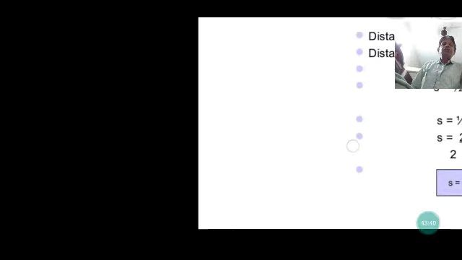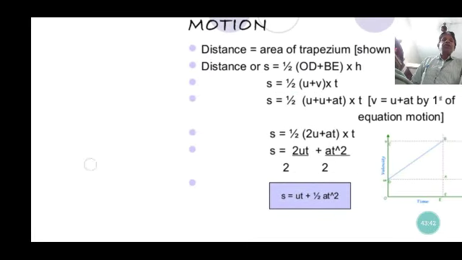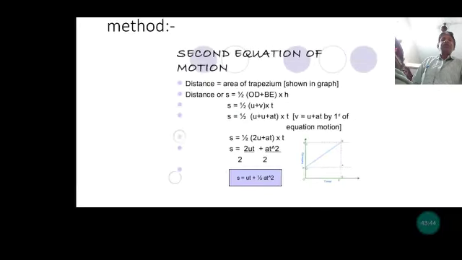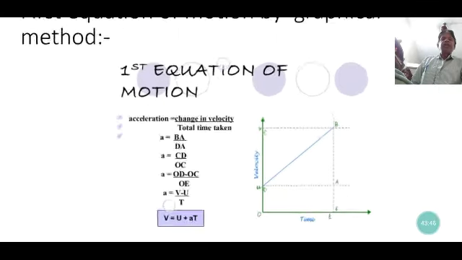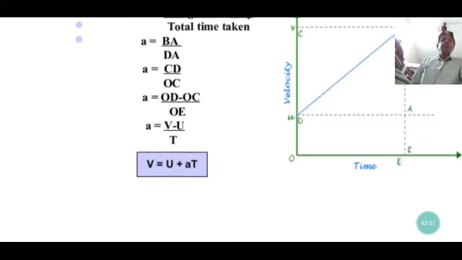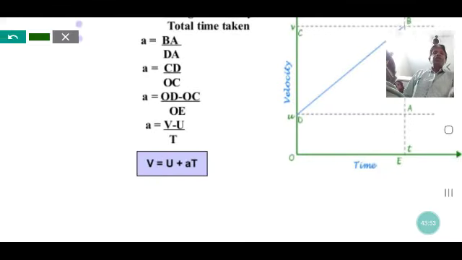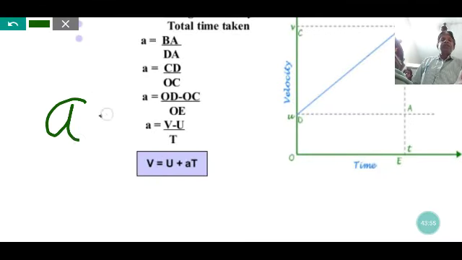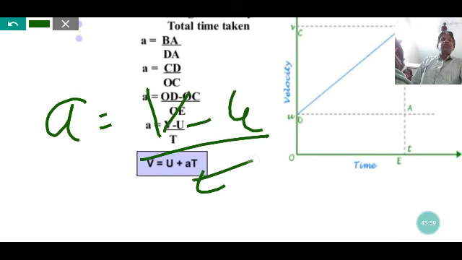Now, the first equation of motion is just the definition of acceleration. Acceleration can be defined as a is equal to v minus u over t, where v is the final velocity. So we get at is equal to v minus u.